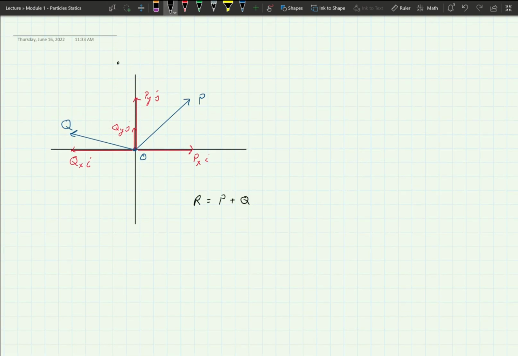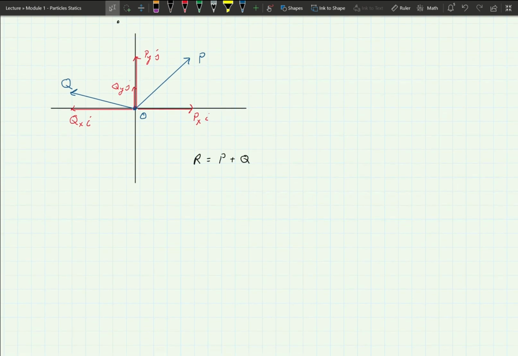You can do this with the parallelogram law or the triangle rule, but mathematically it's going to be faster and easier to think of it this way.